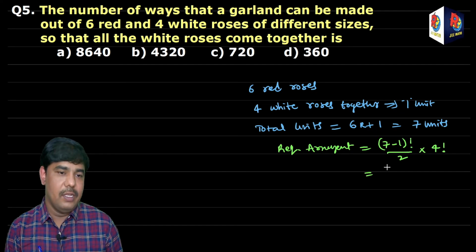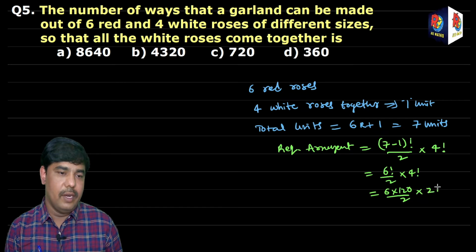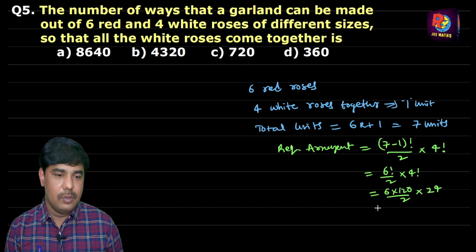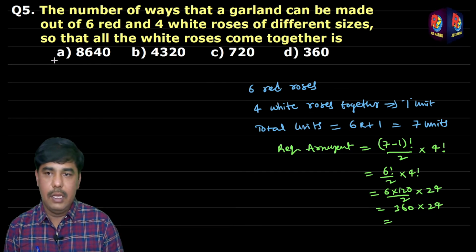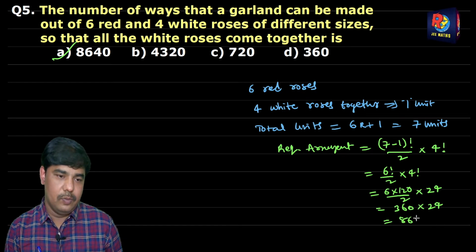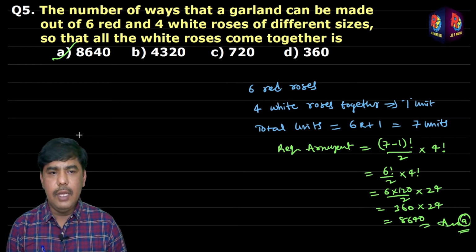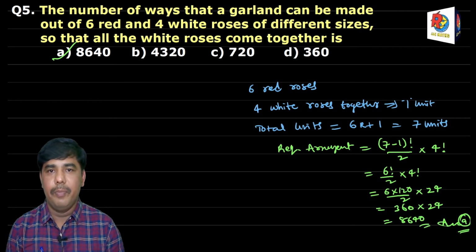So it will be 6 factorial by 2 into 4 factorial. 6 factorial by 2 is 6 into 120 by 2, into 4 factorial means 24. So 360 into 24. It will be 8640. Option A is the correct answer. Like this way we can find out.